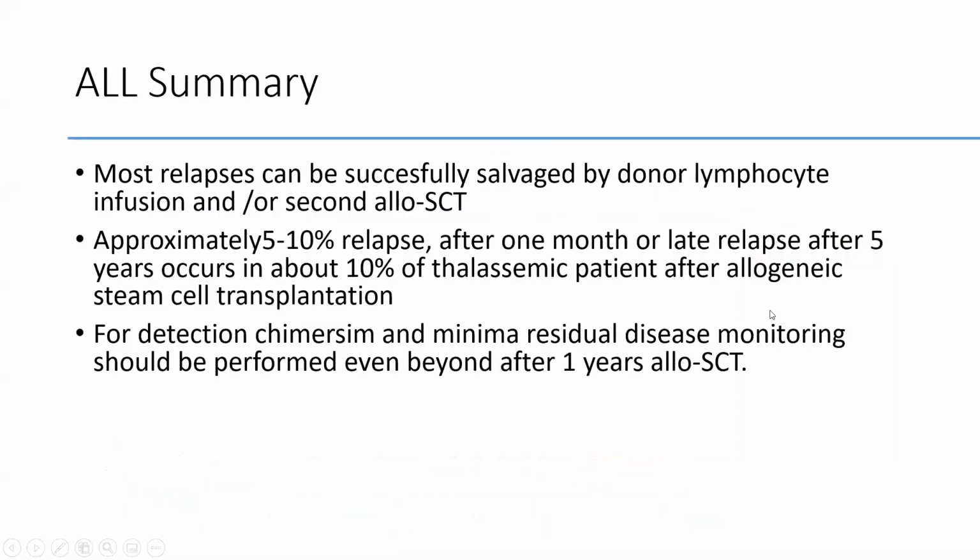To summarize so far, for patients with severe thalassemia and aplastic anemia, most patients are able to achieve sustained survival with the transplant. For other patients, approximately 15 to 20 percent relapse, and some of them require stem cell transplantation to try to prevent further relapse.